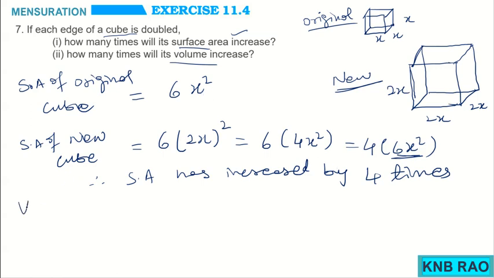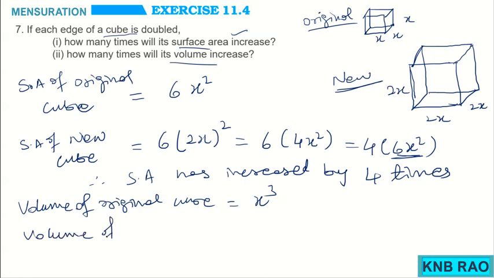Then we will go for volume. The volume of the original cube is x cube, and the volume of the new cube is 2x whole cube, 2x into 2x into 2x, which is 8x cube.